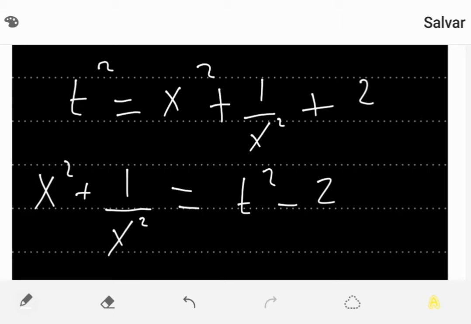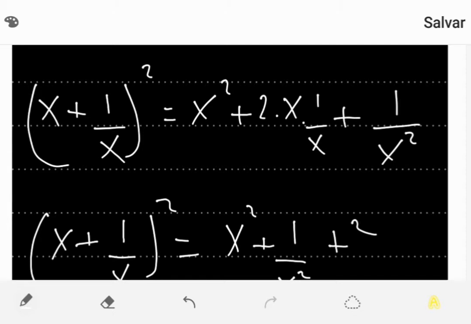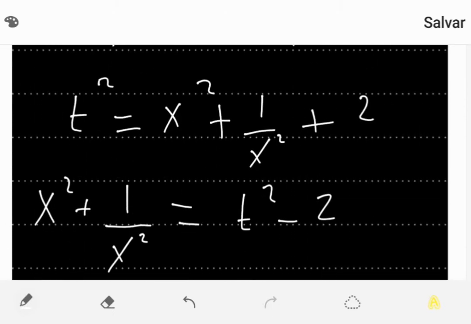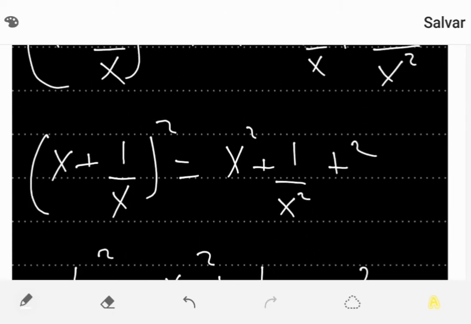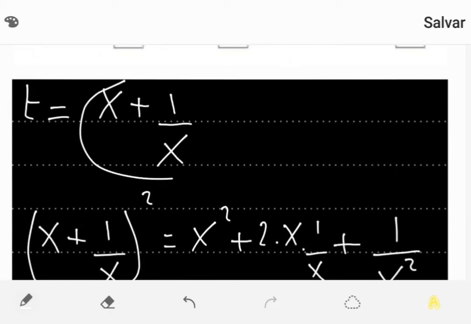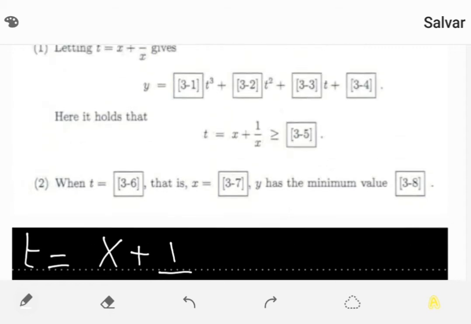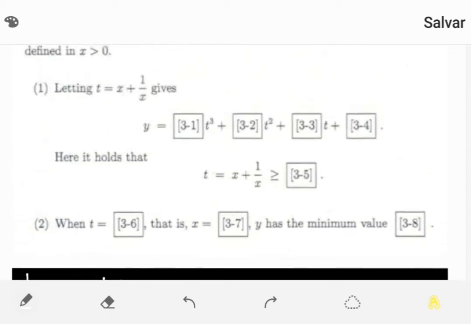Now I want you to understand what the thought process was for me to do this. Here it might seem like, why, how could you think about this? Look, we had a value of t, and in the question there is t cubed and t squared.